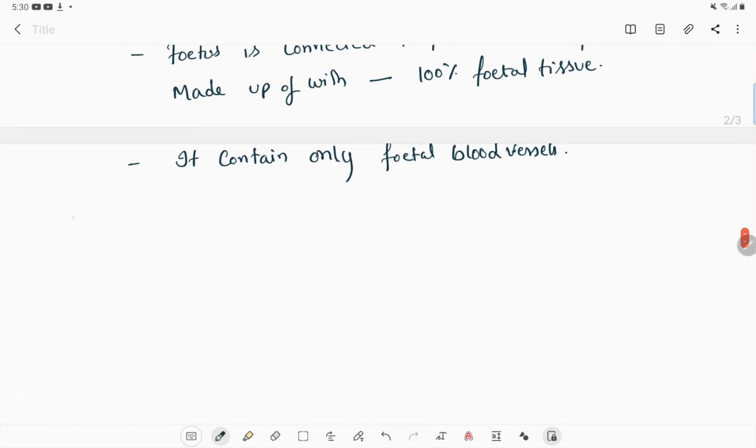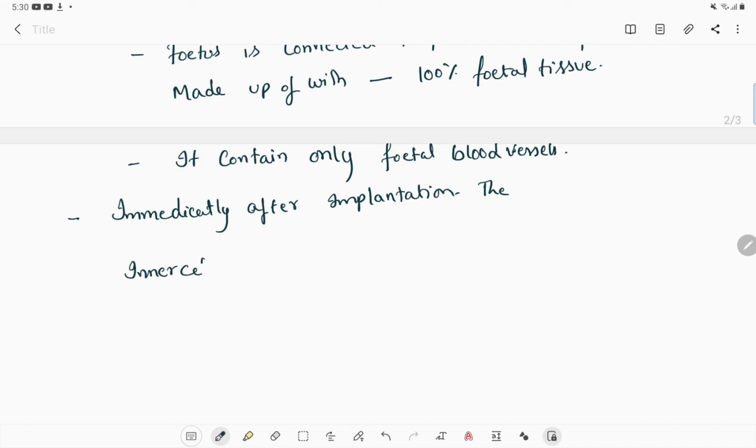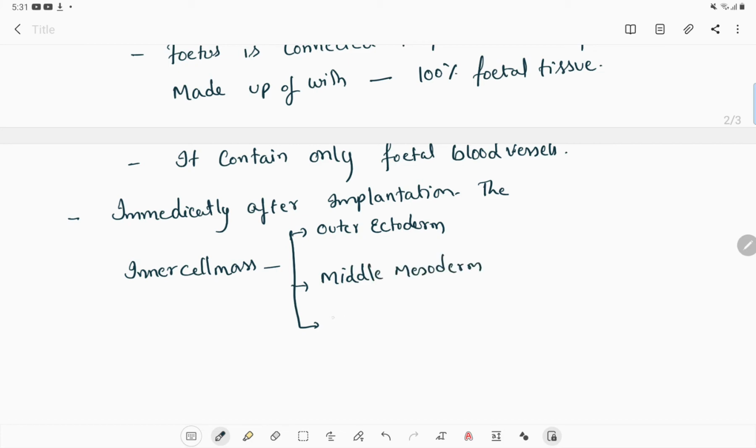Then immediately after implantation, what is happening? The inner cell mass differentiates into three layers: outer ectoderm, middle mesoderm, and inner endoderm.